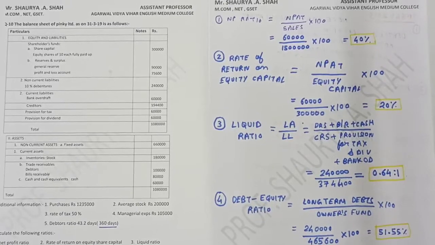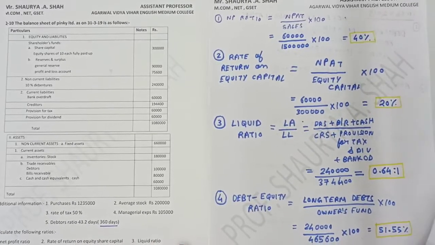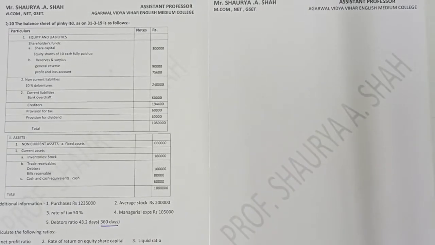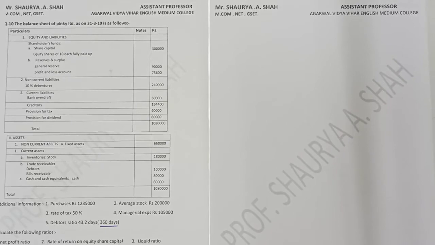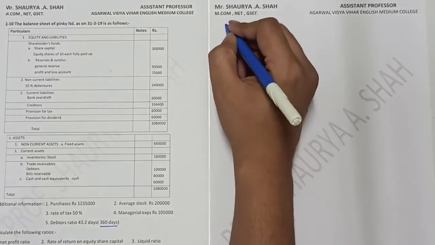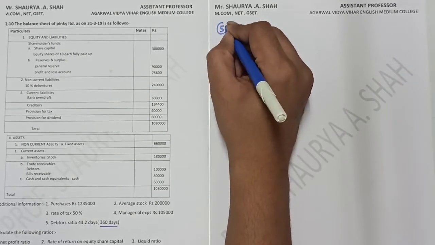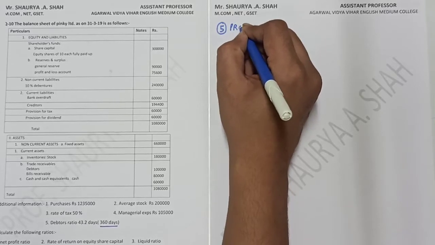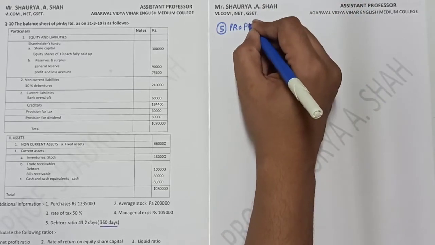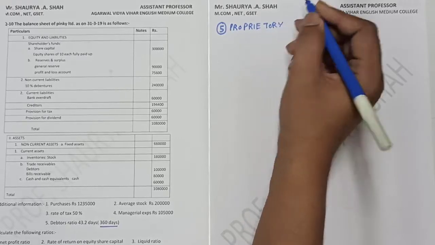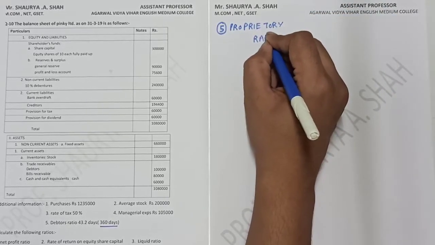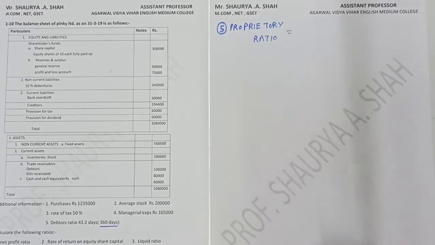Fine. Now starting with the next part, that is your 5th, proprietary ratio, right? What is the formula for that? Proprietary ratio number 5. Please write down. What is proprietary ratio, students?